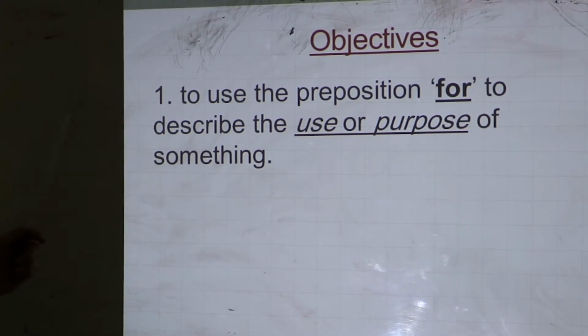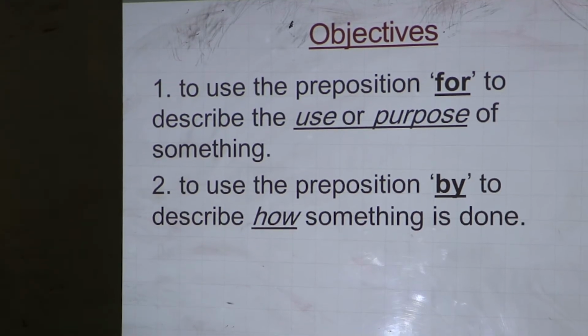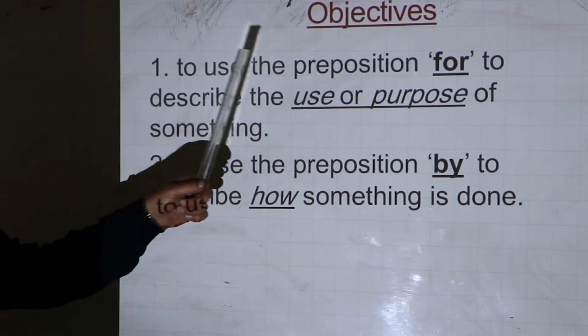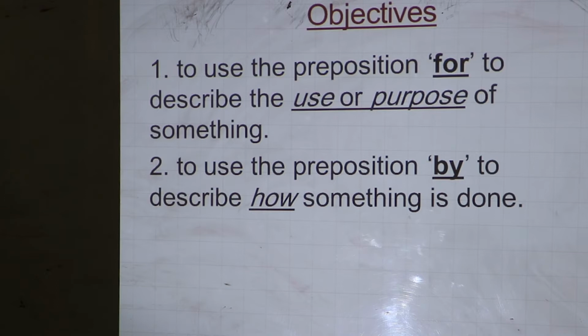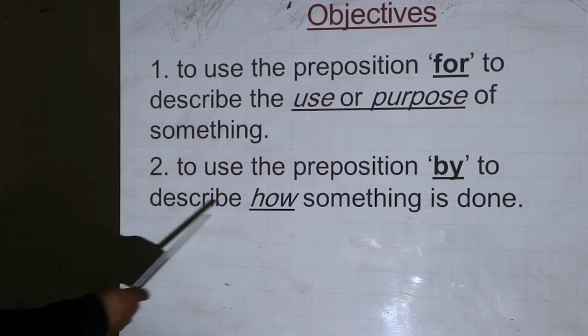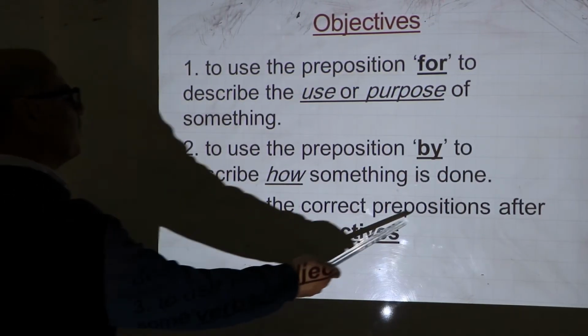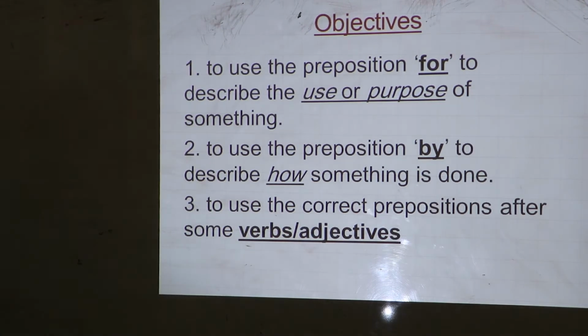But in this lesson, we are going to talk about prepositions followed by the ing form. The objectives of our lesson. Number 1, to use the preposition for to describe the use or purpose of something. Number 2, to use the preposition by to describe how something is done. Number 3, to use the correct prepositions after some verbs or adjectives.